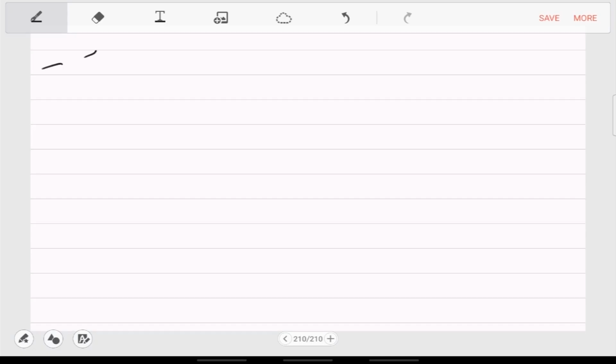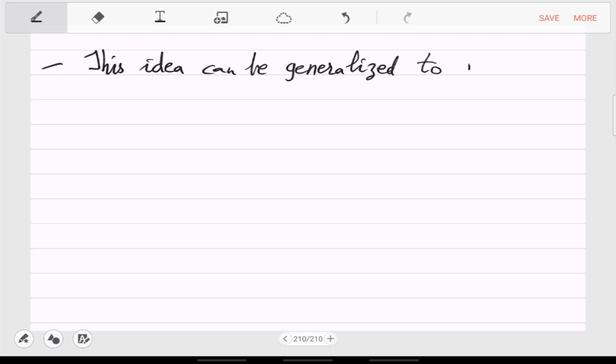So let's move forward then. Now we will take this to the next level of abstraction, which is we'll not talk about numbers, we'll talk about polynomials and still prove the same things. We'll construct more abstract finite fields. So this idea can be generalized to more abstract constructions, and algebra is all about abstraction.